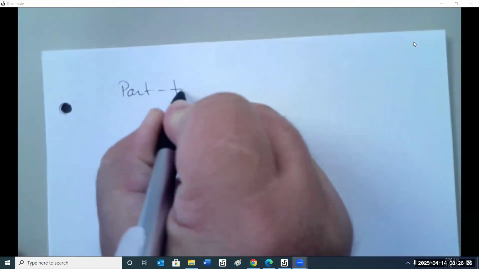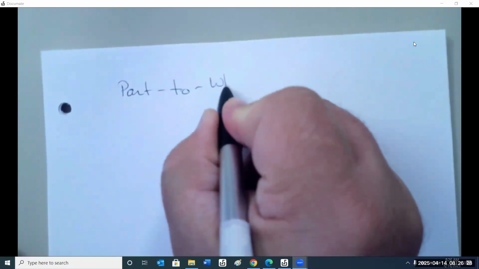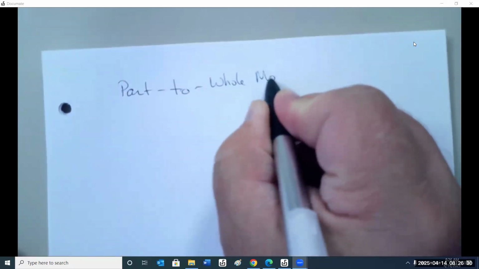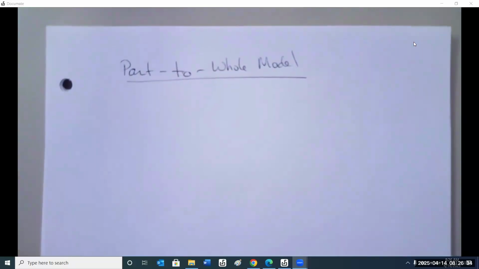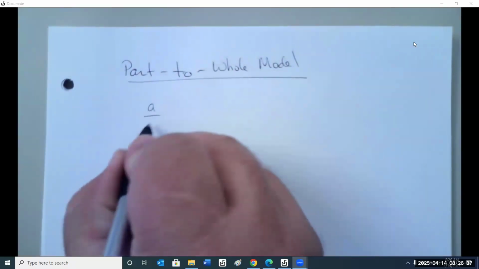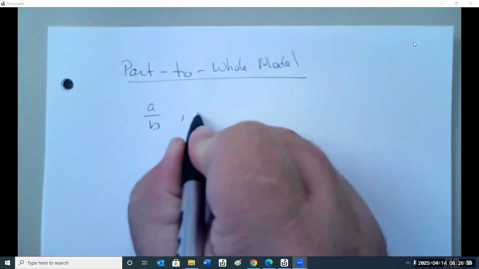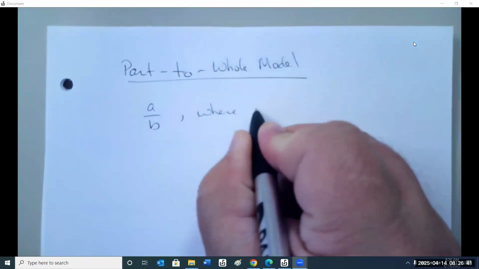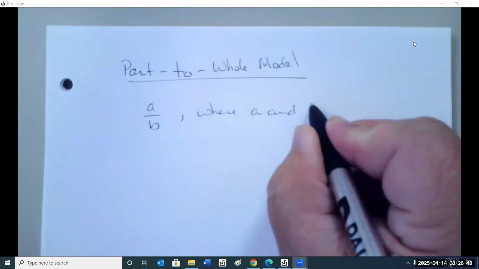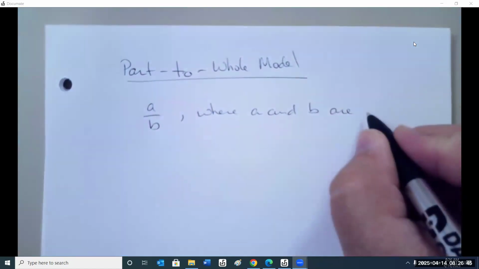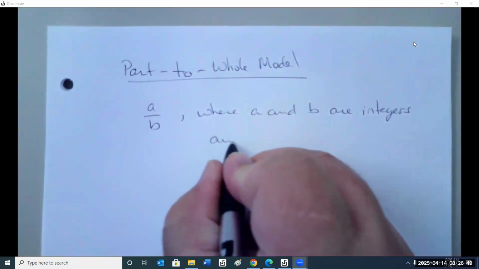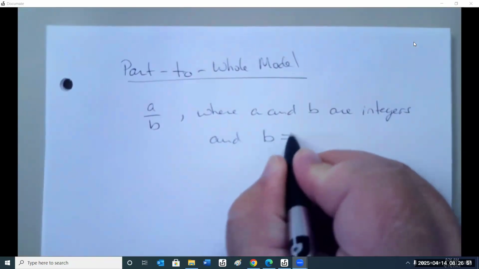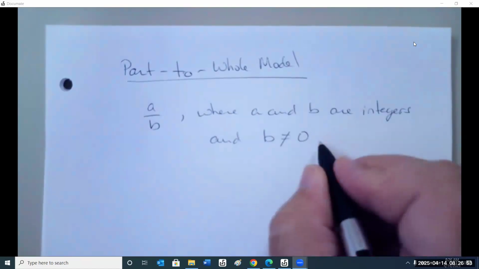The part to a whole model: A over B, where A and B are integers, and B does not equal 0.